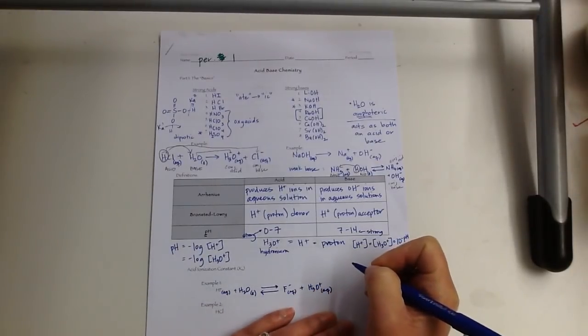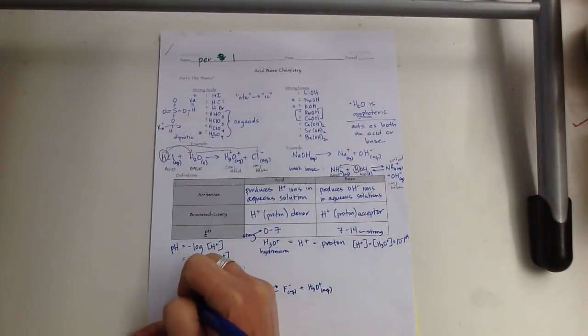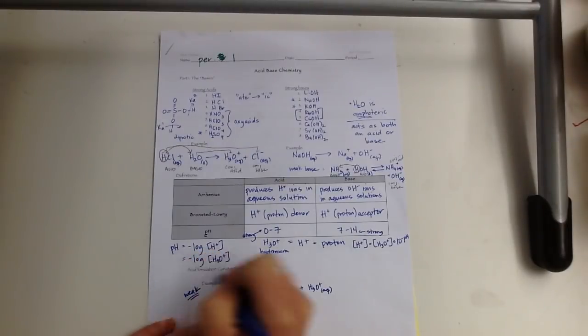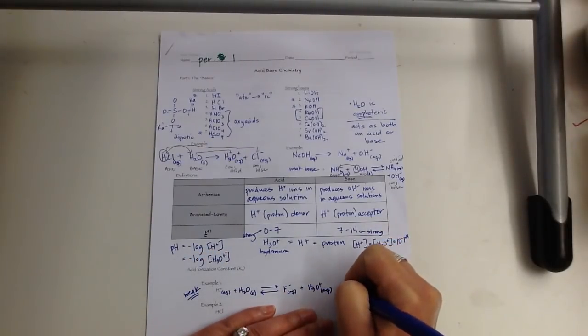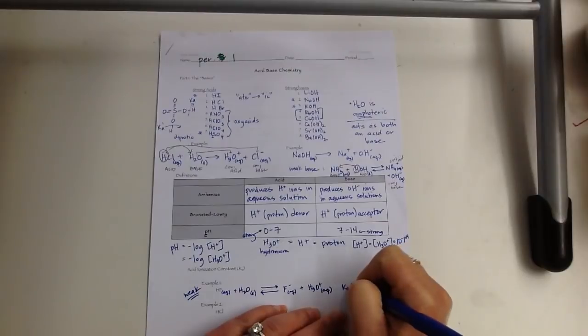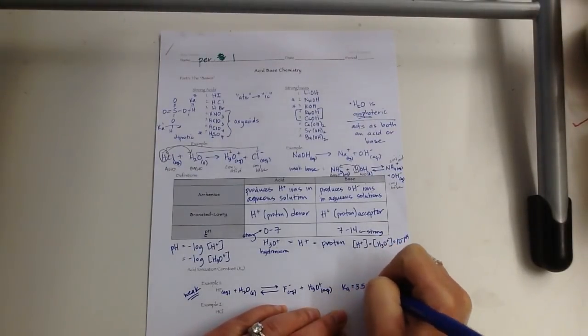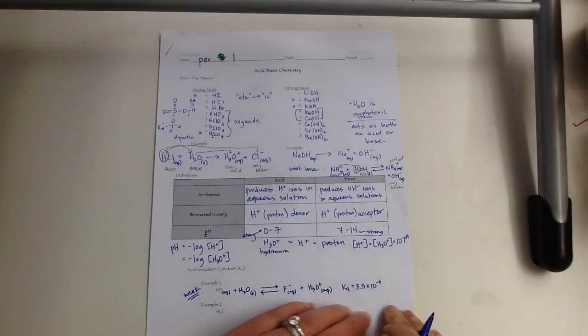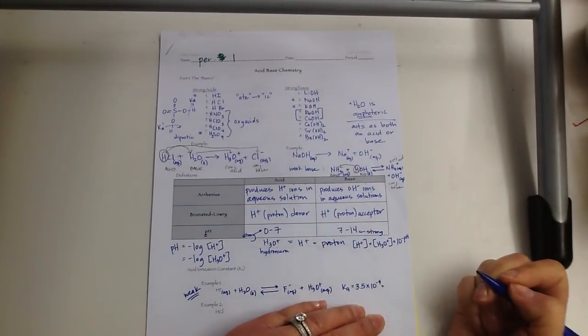Now, if I were to write the Ka for this weak acid, I looked it up. You would have no way of knowing the Ka off the top of your head, but it's 3.5 times 10 to the negative fourth, which is a really small number. It's less than 1.